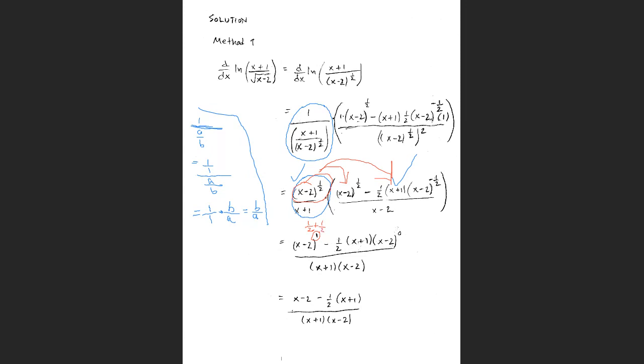And then x minus 2 to the half times the second term, you're going to get a half times x plus 1 times x minus 2 to the 0th power.